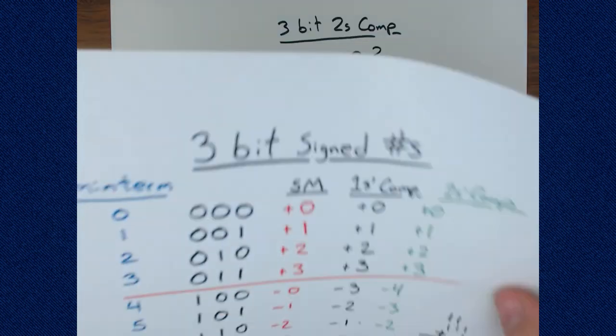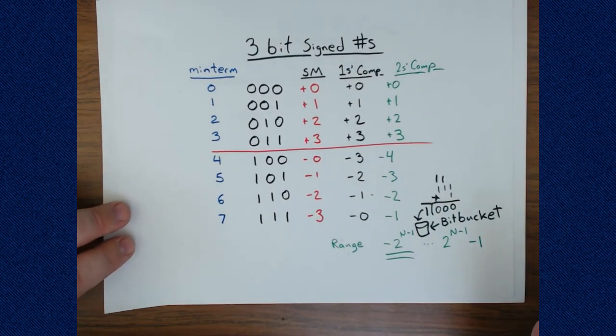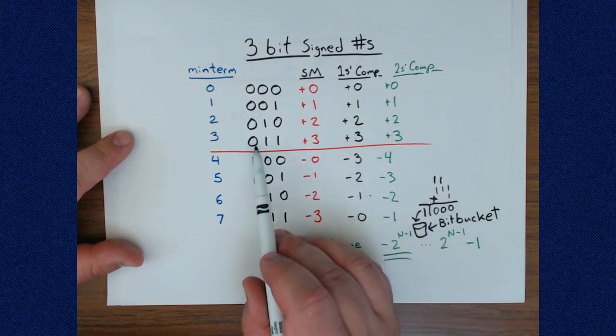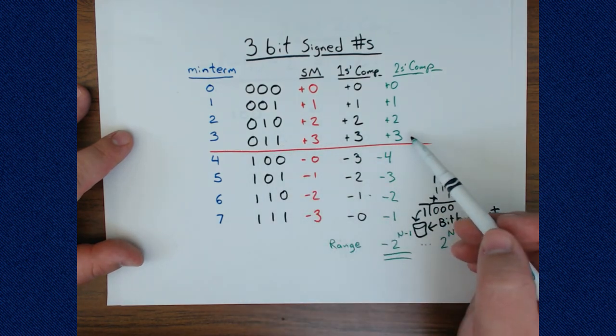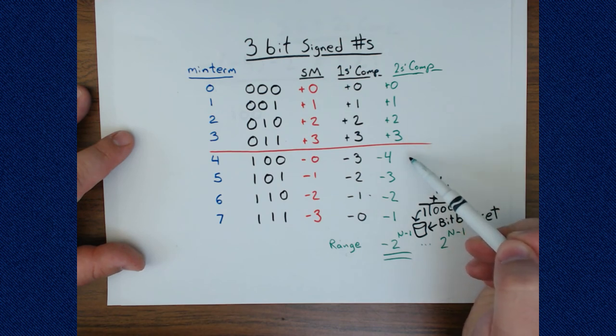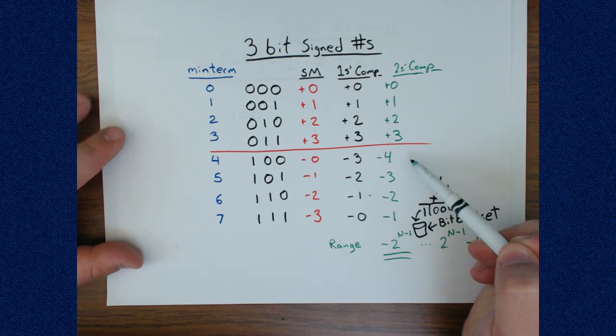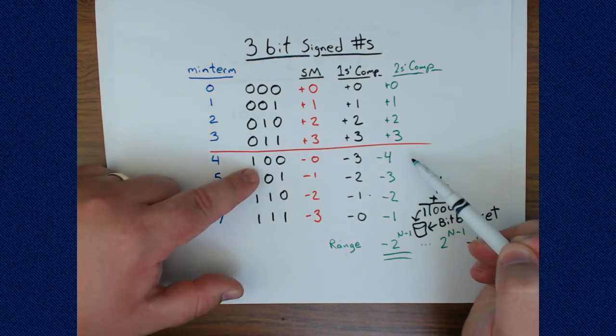If nothing else, we could come back to here and see that the bit pattern for positive 3 is 0, 1, 1. And so if I add 1 from wherever I am, I'm just going to move in this direction. And so 4 is definitely 1 bigger than positive 3. And the bit pattern of this row is 1, 0, 0.